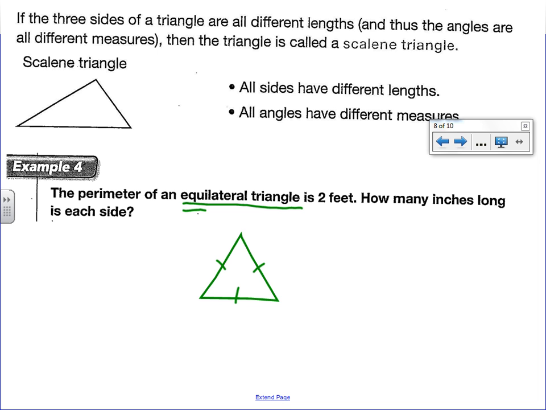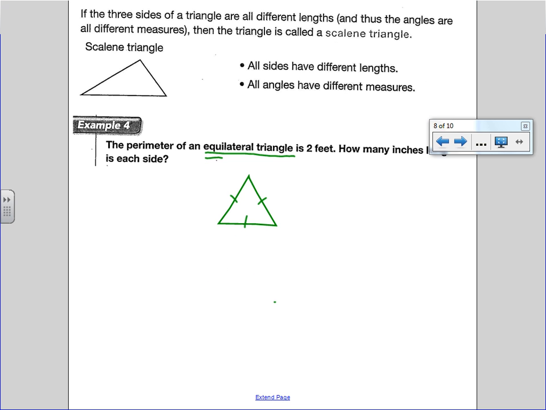Before I can do that, I need to know how many inches 2 feet is. Remember, we talked the other day about using unit multipliers to convert. So if I have 2 feet, that's my given that I'm trying to change, I automatically put it over 1. To convert it, I'm going to multiply by a unit multiplier.